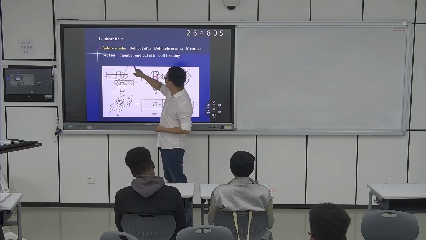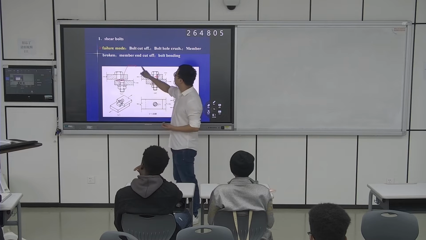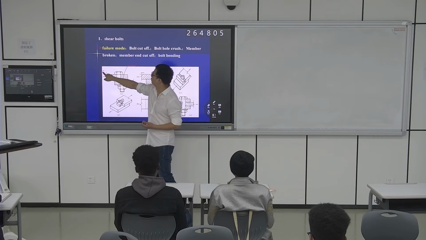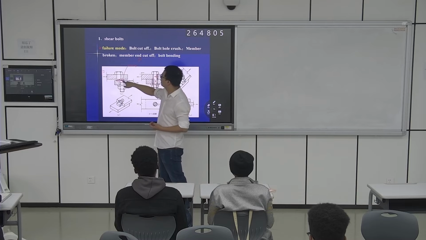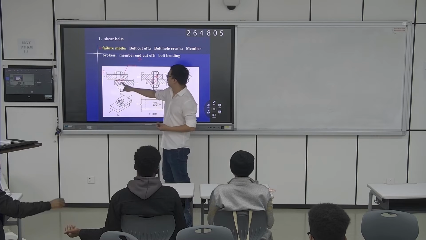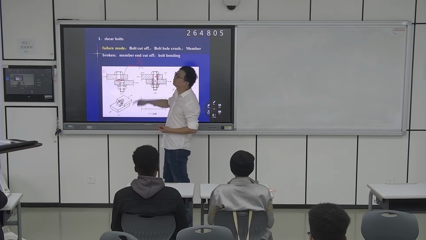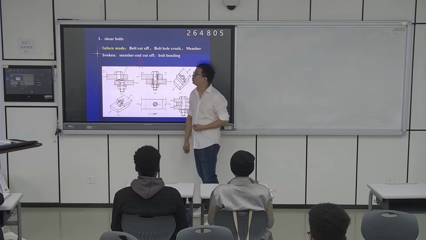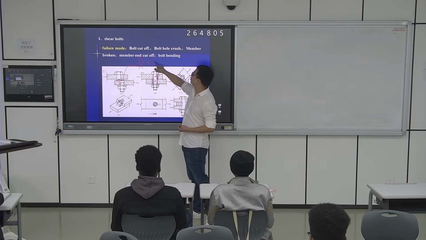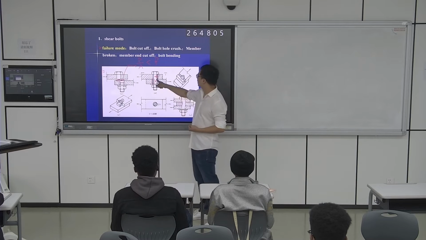So for this case, how do we analyze it? We find the force F. We calculate the cross-section areas for this one, right? We find these values to compare with the material behavior, right?